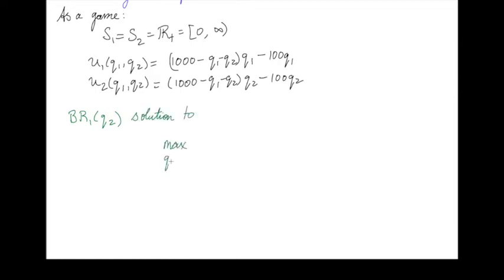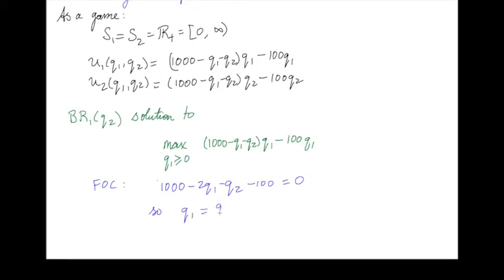You maximize, over your choice of Q1 greater than or equal to 0, the objective: (1000 minus Q1 minus Q2) times Q1 minus 100 Q1. The first order condition says 1000 minus 2Q1 minus Q2 minus 100 equals 0. In other words, Q1 is (900 minus Q2) divided by 2, which is 450 minus Q2 over 2.